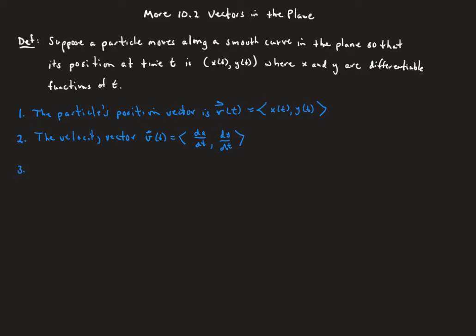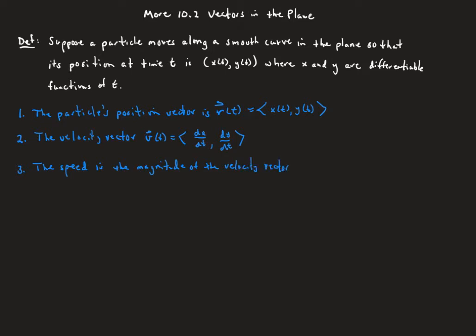And thirdly, the speed. So as we have seen in one dimension in AP Calculus AB, we said the speed was the magnitude, the absolute value, of the velocity, and that is true as well here. The speed is the magnitude of the velocity vector.